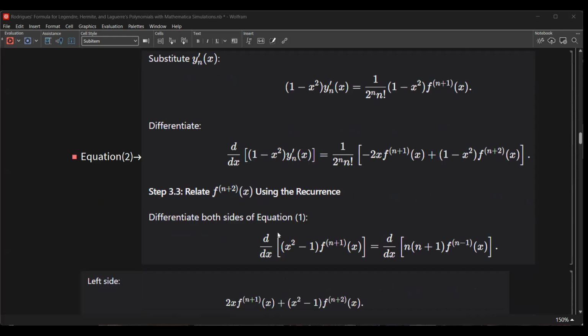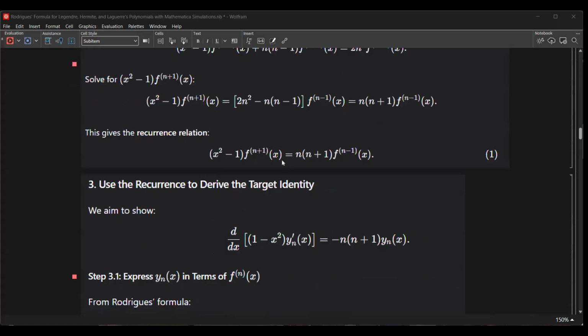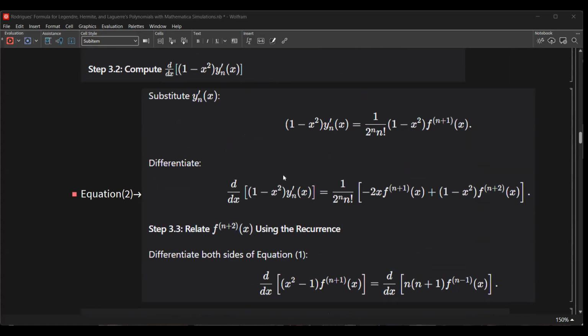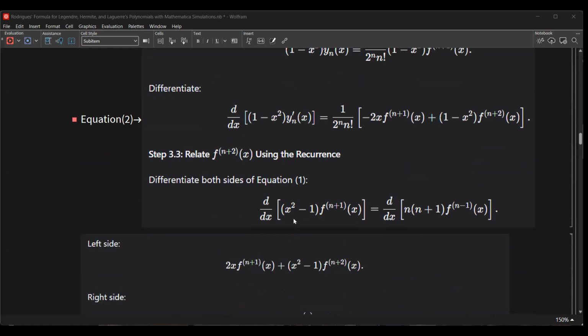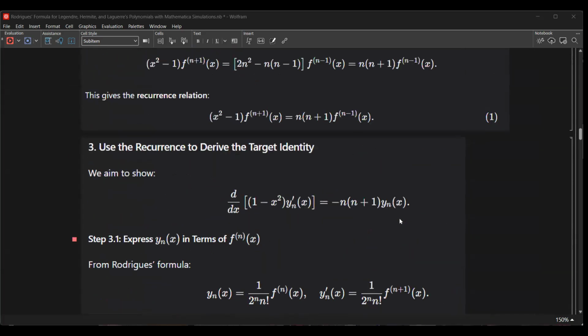So differentiate both sides of equation 1. So this is our equation 1. So we have (x squared minus 1) times the (n+1)-th derivative of f(x), and this is our equation 1 here.